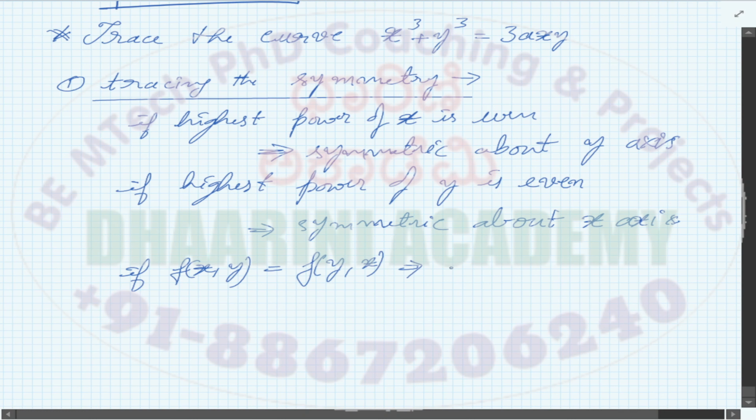This implies the given curve is symmetric about the straight line y is equal to x. Since the first two conditions are not satisfied, I will check the next case, whether f of xy becomes equal to f of yx.